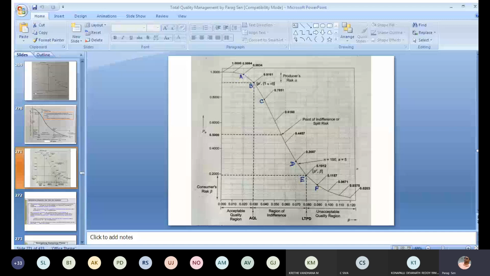Suppose out of 10,000 items, if you randomly select 100 items, there is no guarantee, and if you do the sampling a second time or third time, there is no guarantee that exactly the same 100 items will be picked up by you for the second time or for the third time. There is no such guarantee. So that's why these kinds of risks exist in practice.